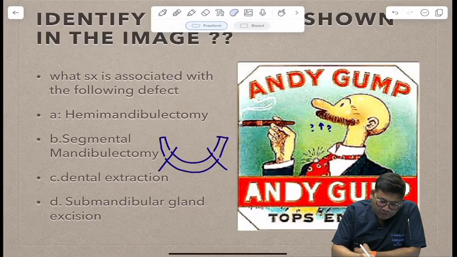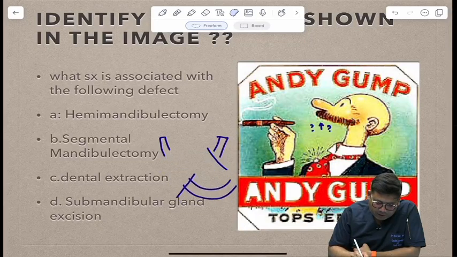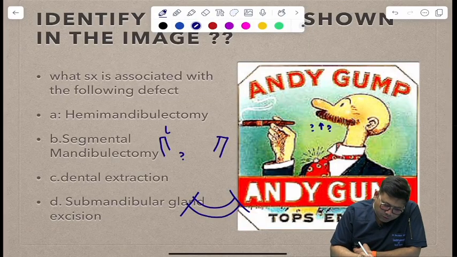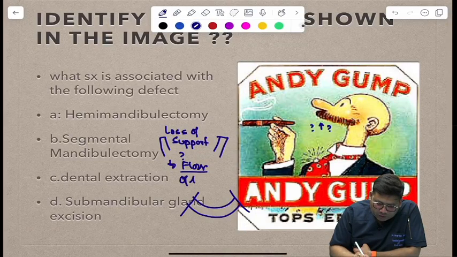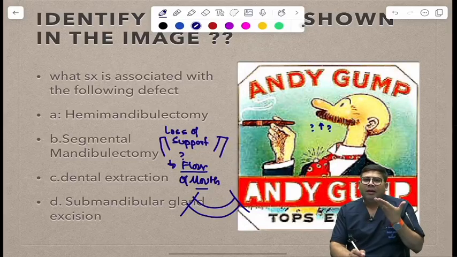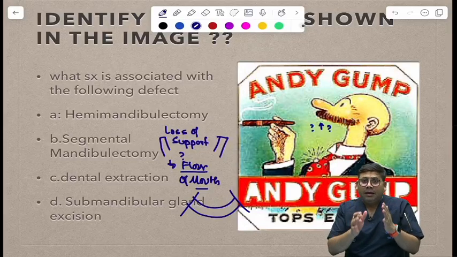Suppose you have done a segmental mandibulectomy. Whenever you do a segmental mandibulectomy, there is loss of support to the floor of the mouth, and since there is loss of support, this deformity of the unsupported floor of the mouth is the Andy Gump deformity.